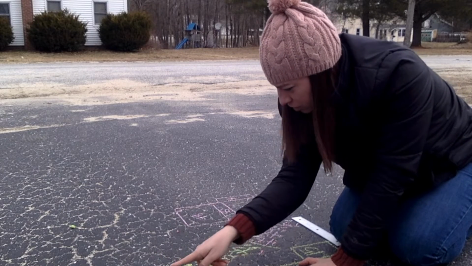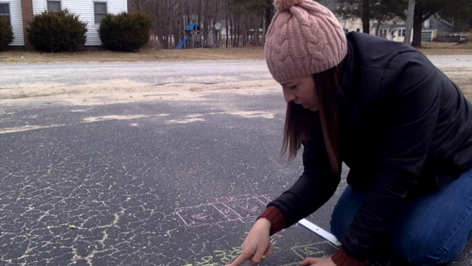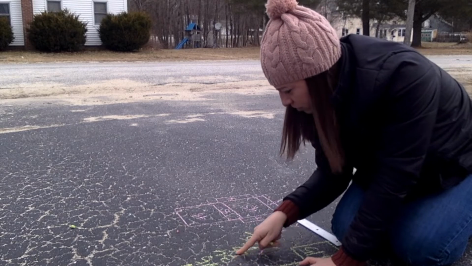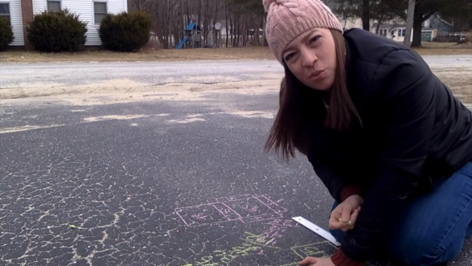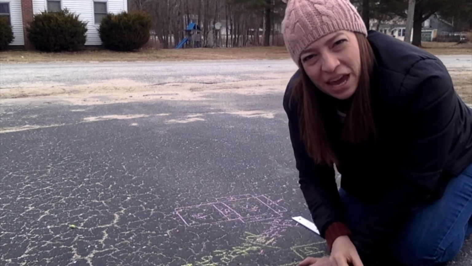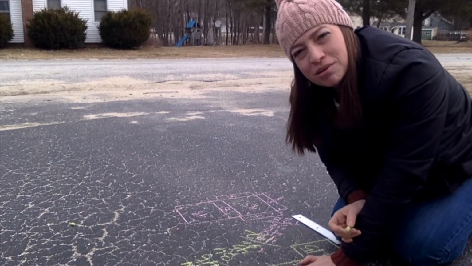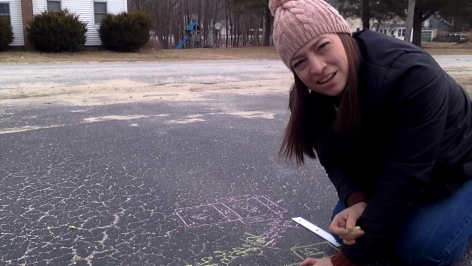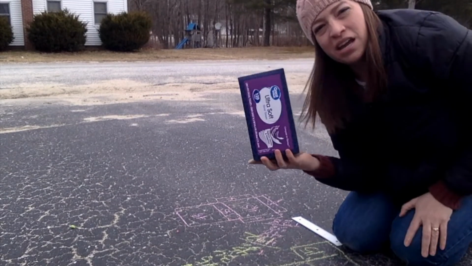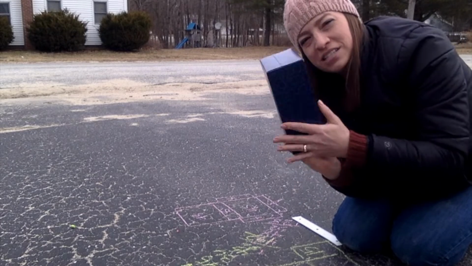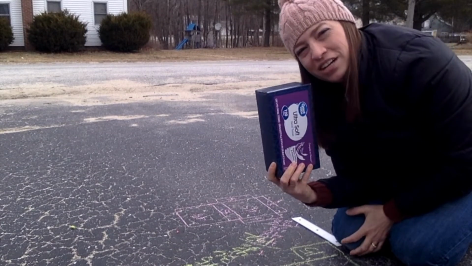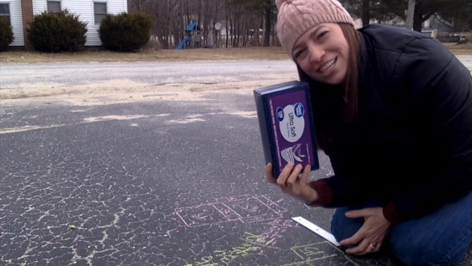We have 5, 9, 10, 11, 12, 13, 14, 15, 16, 17, 18, 19. So when I add those all up, I get 192 square inches. So I could say the surface area of this tissue box, if I wanted to cover every side of it, would be 192 square inches.